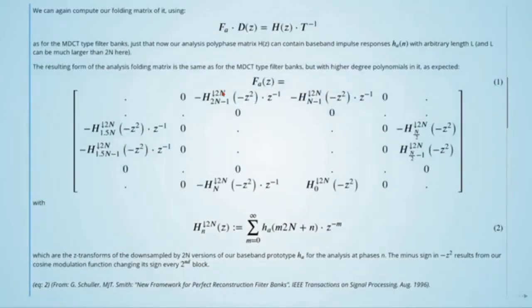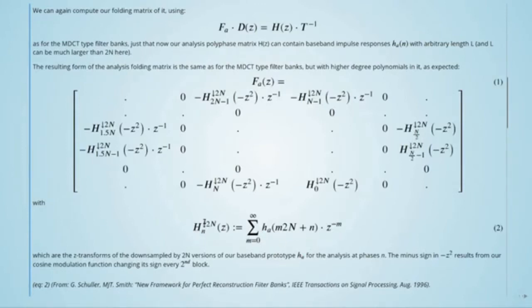So here we have our analysis folding matrix. We still have the diamond shape, and here we have h downsampled given by this equation here. So we have H1 and H2, which are the z transforms of the downsampled by 2 versions of our baseband prototype h.